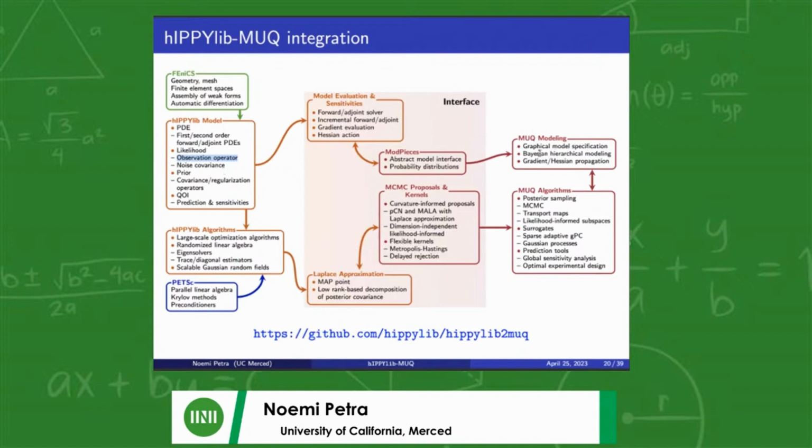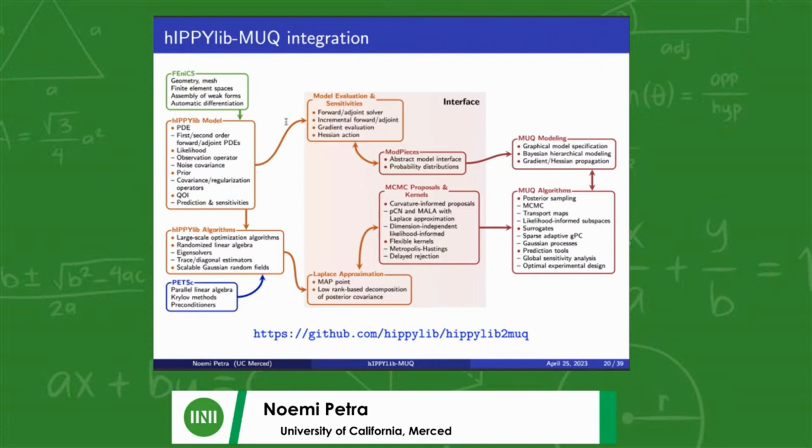On the right, we have MUQ and its modeling capabilities. You basically specify the model. You can use the gradient and Hessian computed in hIPPYlib to build proposals for sampling, and we don't really use, at least we did not explore, the surrogates and prediction tools such as global sensitivity analysis and optimal experimental design, but these are there if you wish to explore.